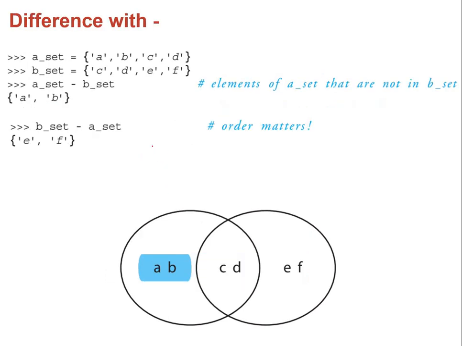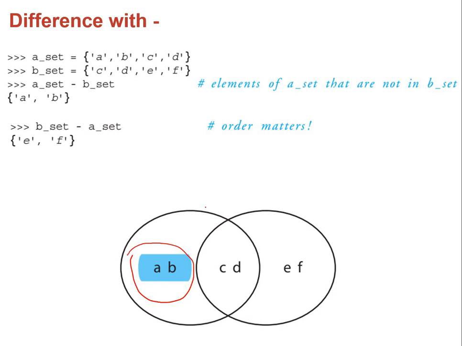Subtraction, in this case, is a difference. There are two ways you can find the difference of two sets, and we'll see. The first way is using the minus sign, the usual way. But there is a particular thing that sets do when you do the difference of two sets.